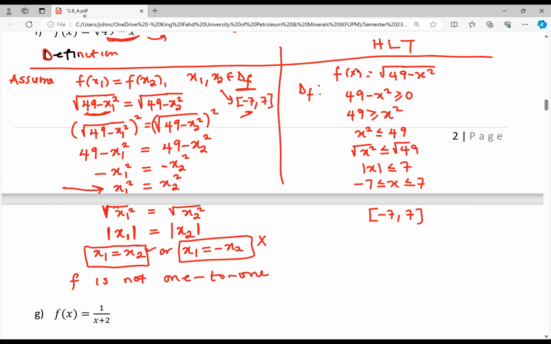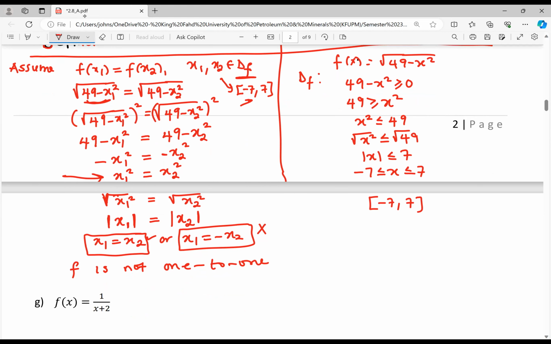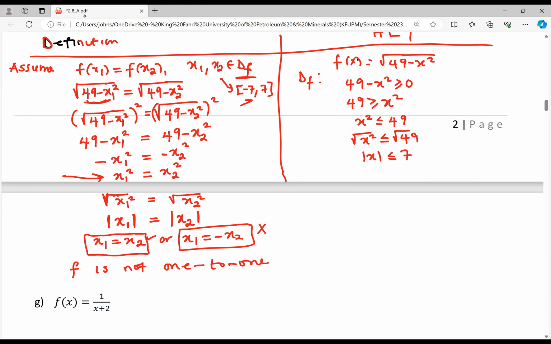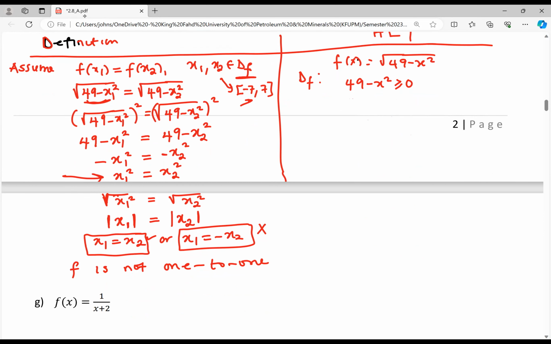All right. Now let's go back here and try to do the horizontal line. Now for the horizontal line or the graphical method, we have to graph. So how do we graph?